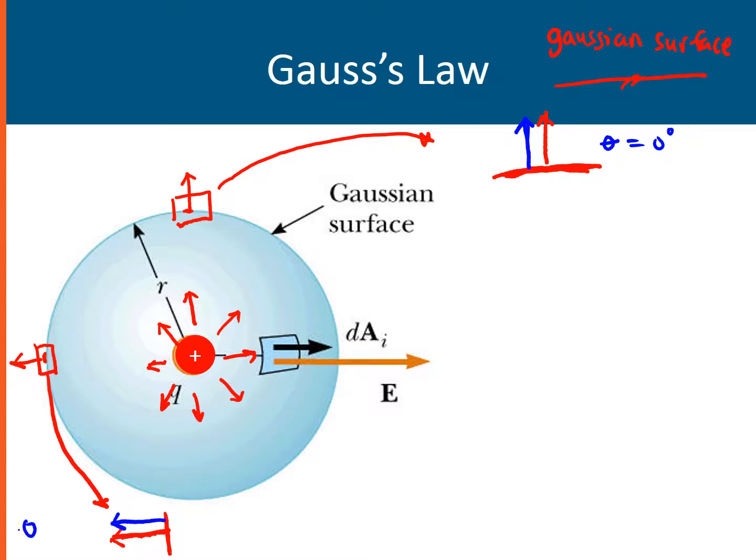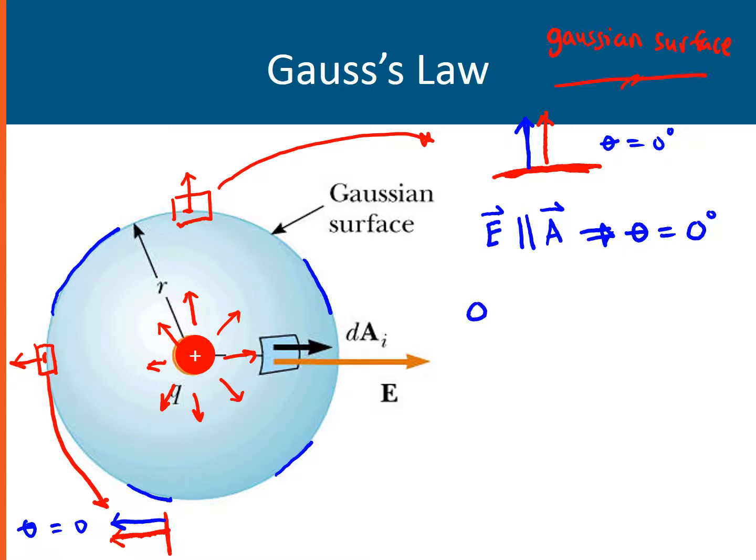So again, at this point, the angle is also equal to 0. And hence, we could say that in every part of the Gaussian surface, the electric field is always parallel to that of the area vector, which means that the angle is always equal to 0.